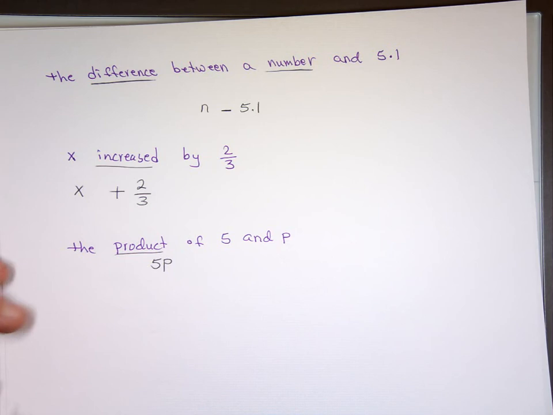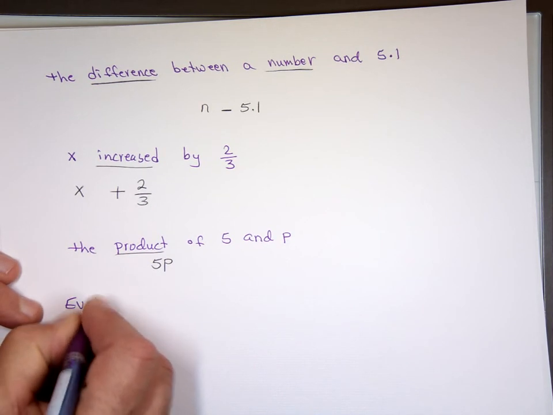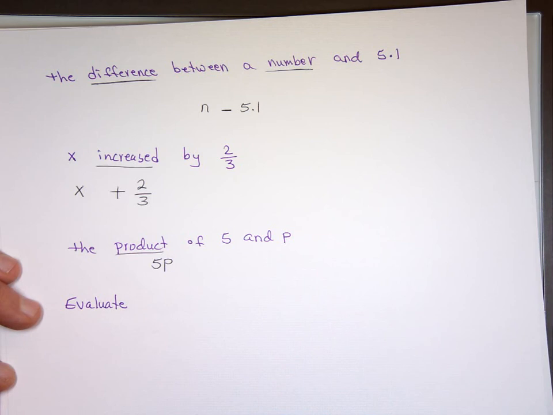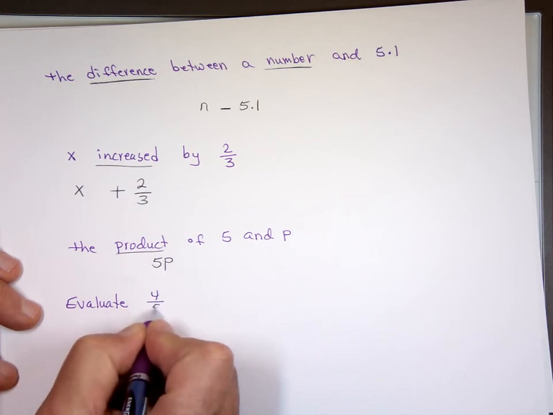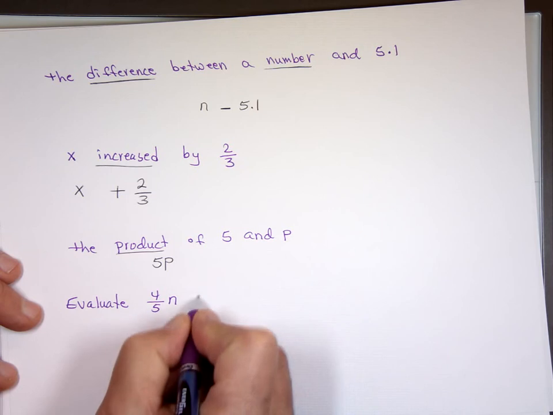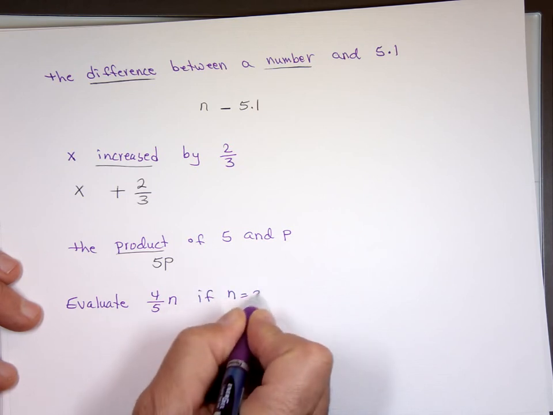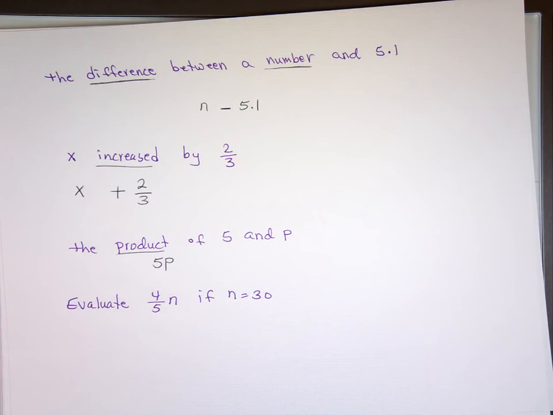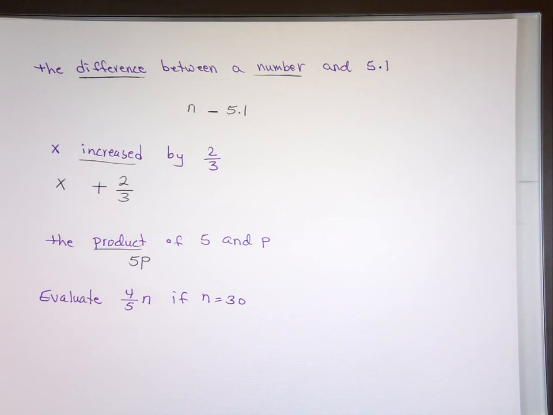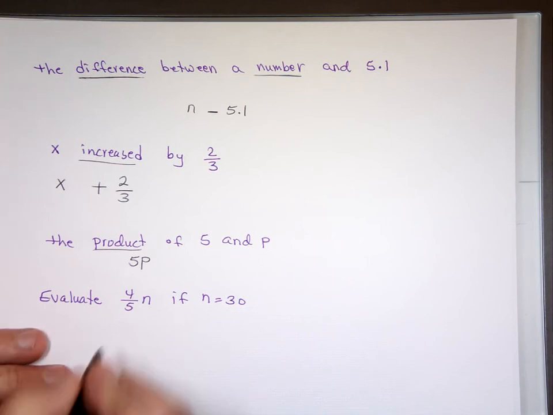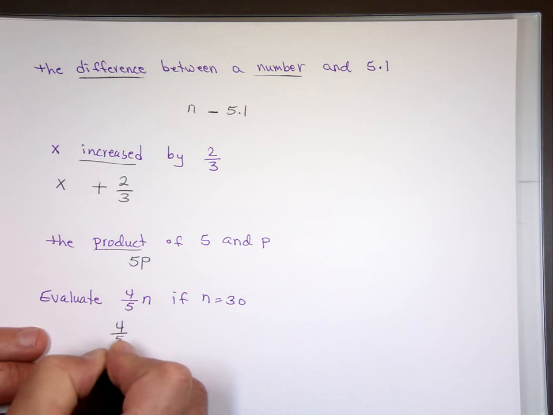Evaluate four-fifths n if n equals 30. This will be what? 4/5 times n is what?